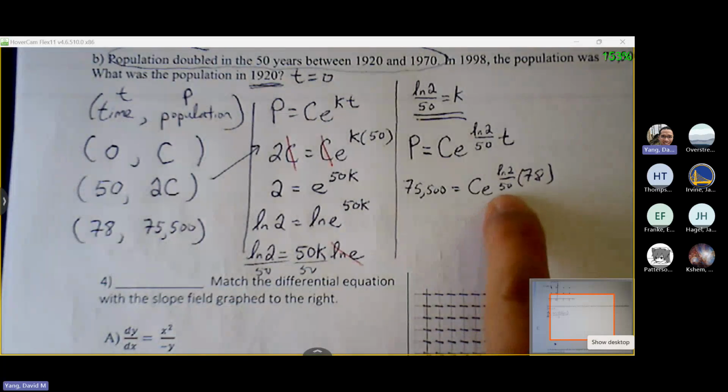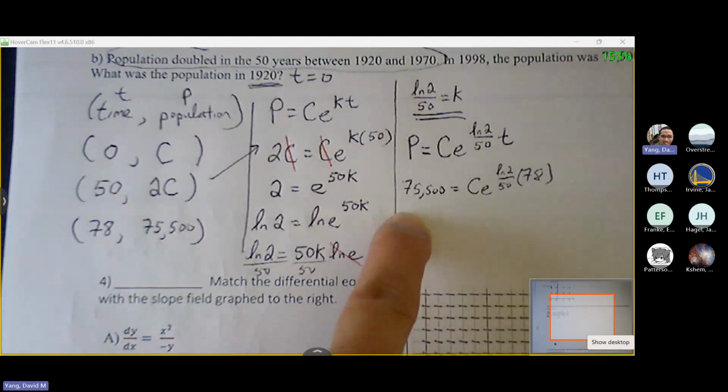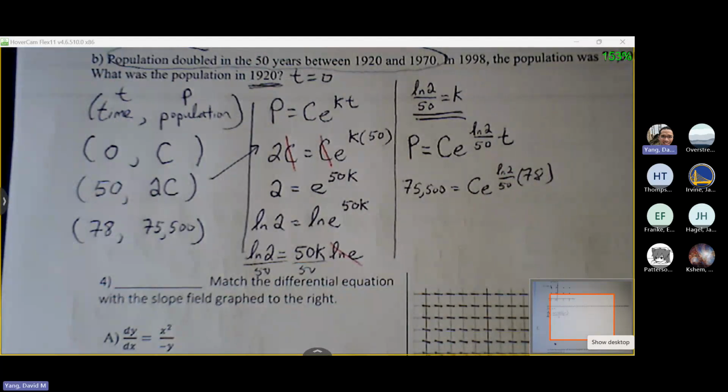Now, e to the natural log of 2 over 50 times 78, that's just going to be one messy number. So I can just take that, divide it over, and that should give us our C value. All right, so practice putting that in your calculator.